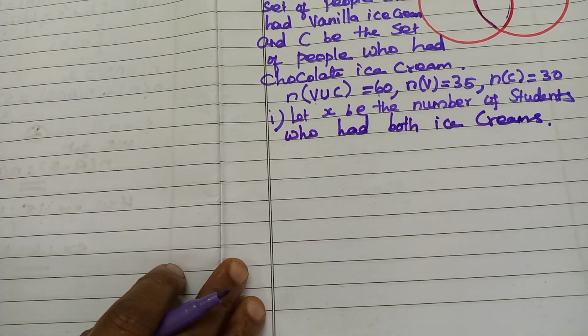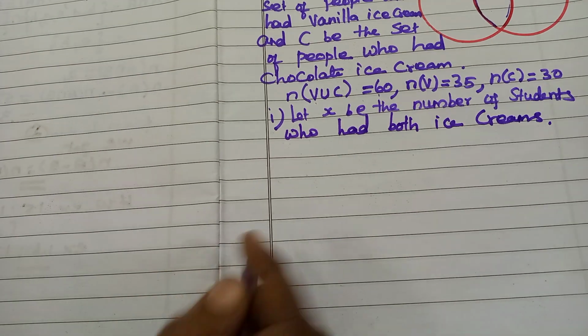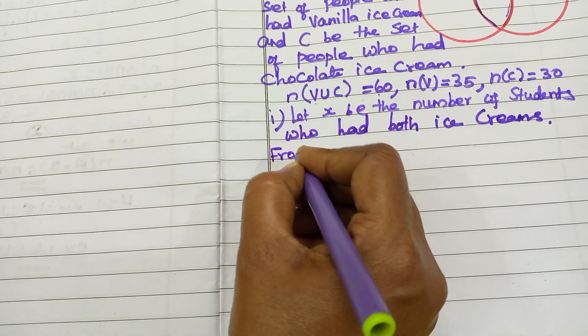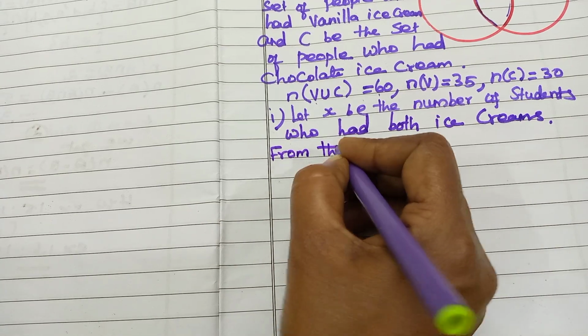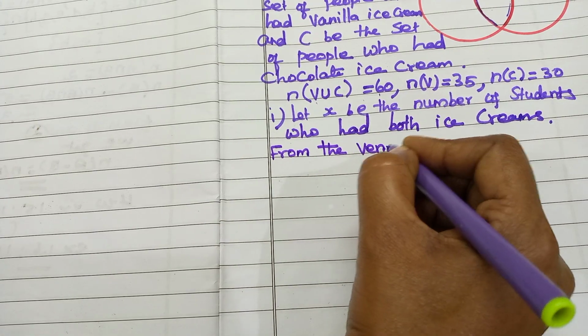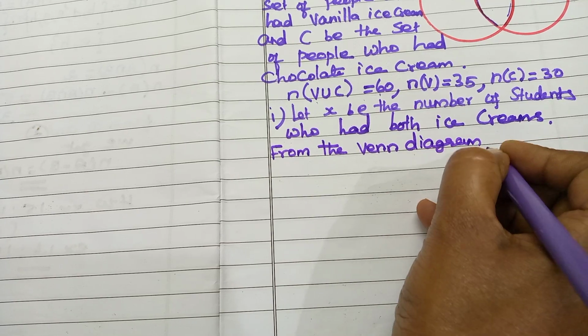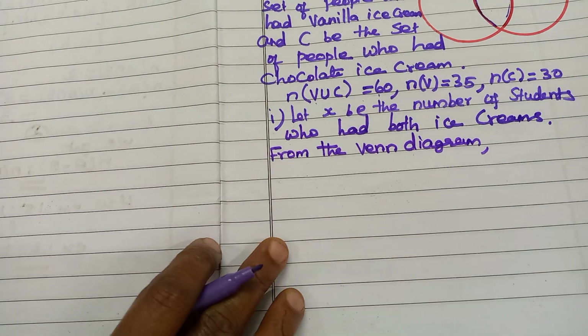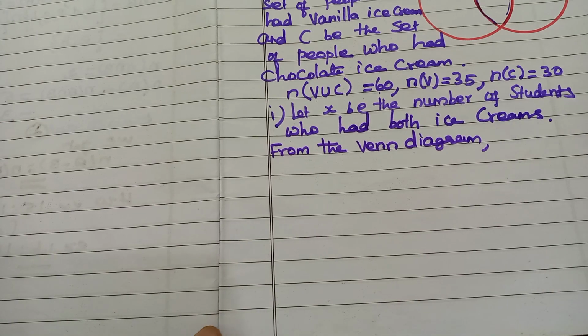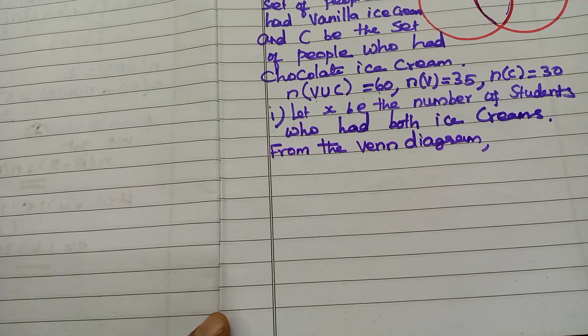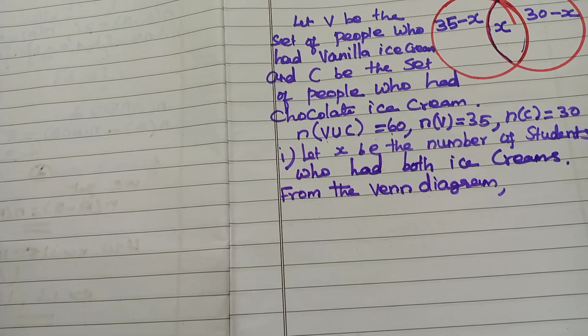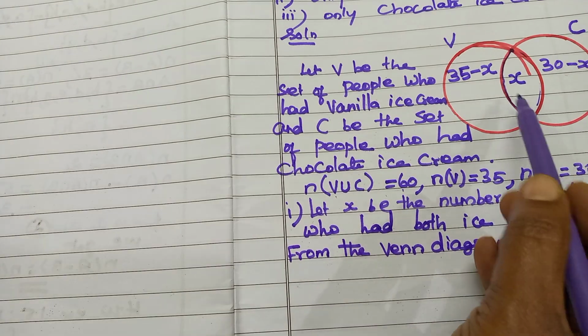Now from the Venn diagram we can easily find out. From the Venn diagram we have taken X as both, is it? So we are going to find the first one, both vanilla and chocolate ice cream. That is the first question. This X we have to find out.